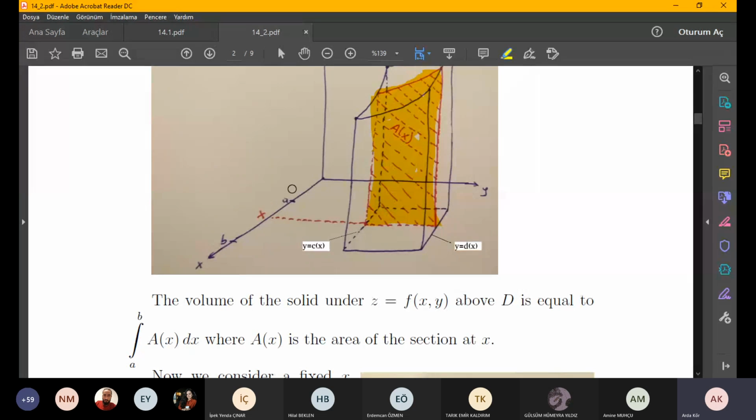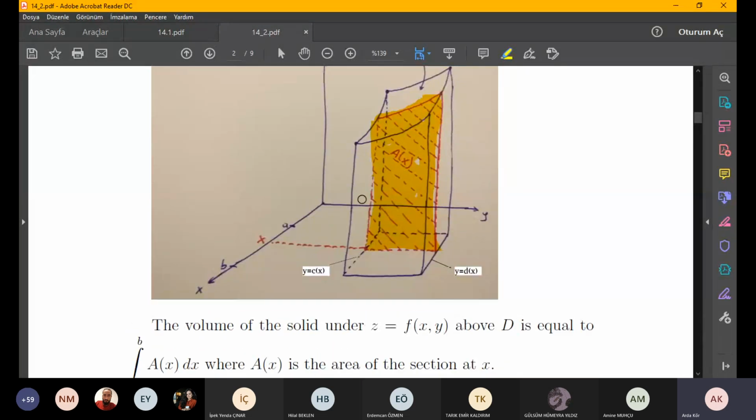So if you find A(x) and integrate that section from a to b, then it will give you the volume of the solid that we try to find.